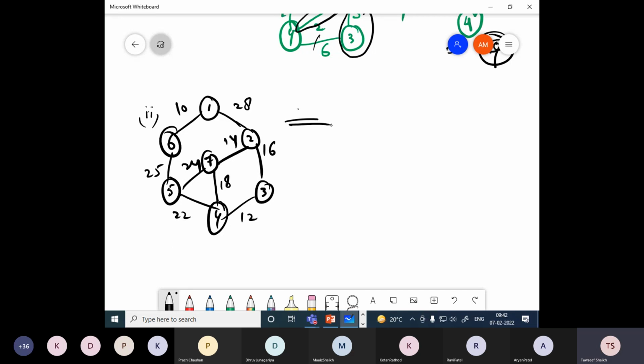So we are interested in finding the MST by using Prim's algorithm. The first step is that we will take that edge which is minimum among all the edges inside the graph.